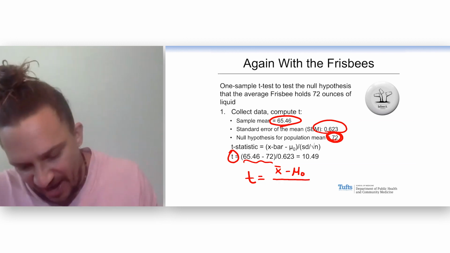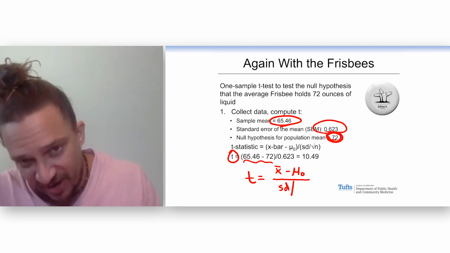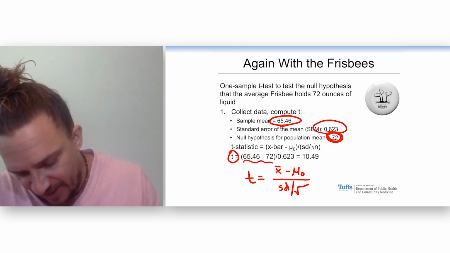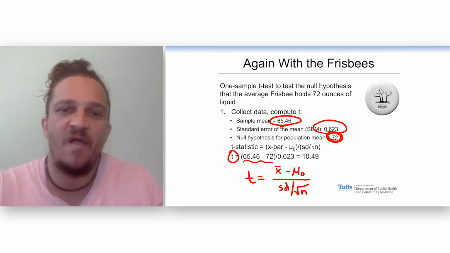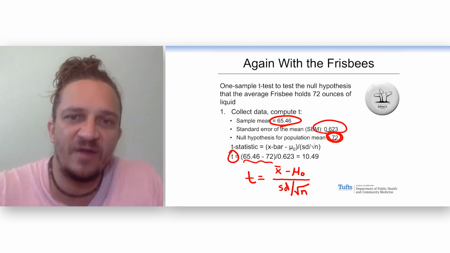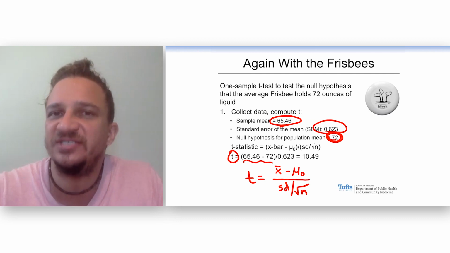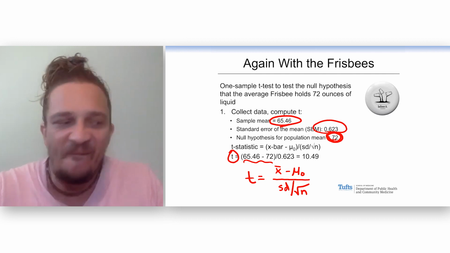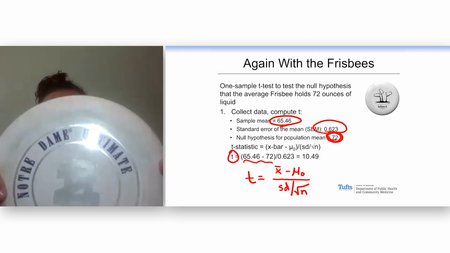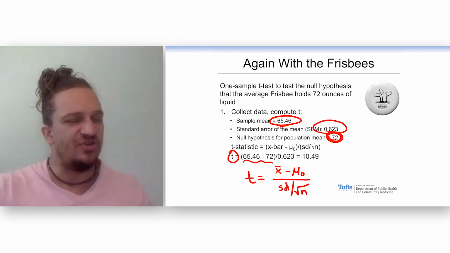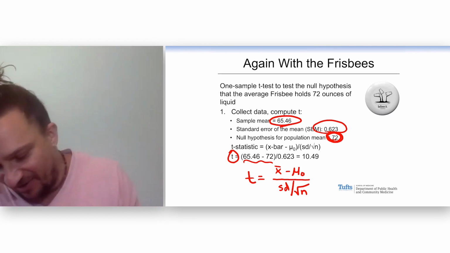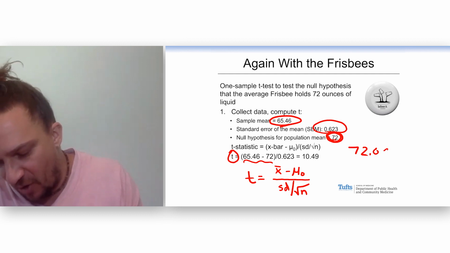And then we have to divide it by the inherent variability that we would expect anyway. What do I mean by that? Well, think about it for a second. If a Frisbee actually could fit 6 beers, and you got a bunch of Frisbees and calculated the average, do you think that average would actually be exactly 72.00000?